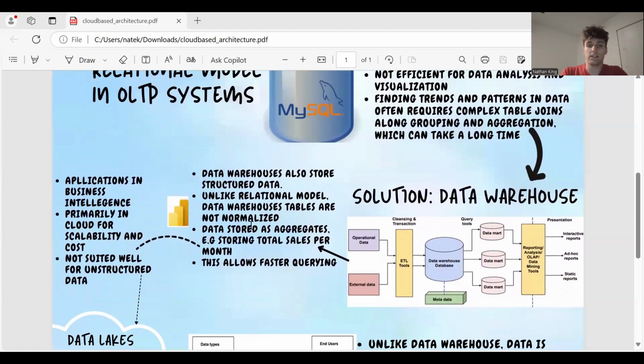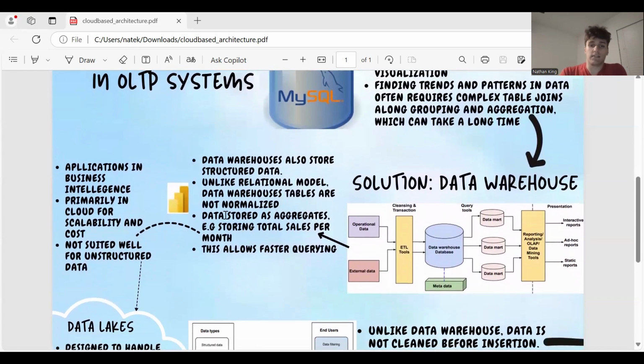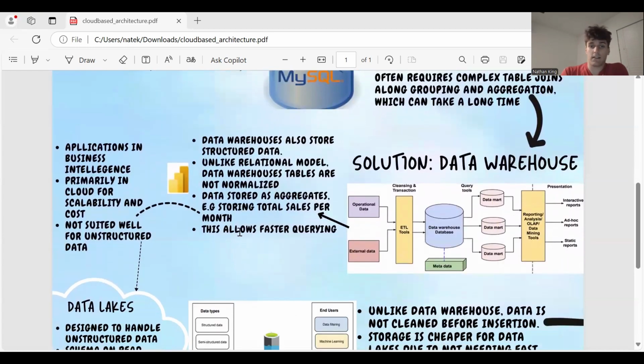In fact, they typically go through a process called denormalization to make larger tables. So this would require fewer joins than a traditional relational model. And data is stored typically as aggregates. They're pre-aggregated. So instead of storing every single transaction, like every single sale, you would store the total amount of sales per month or per day or anything.